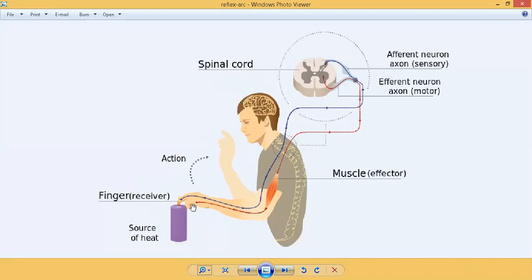These reflexes are protective in nature and they are quick, because if the impulse had to go to the cerebral cortex, it would take a lot of time to go and then come back, and during that time the injury may have taken place. So in order to prevent injury, the response should be immediate, and this is why the reflex does not involve the cerebral cortex.